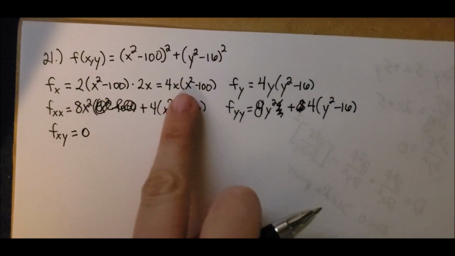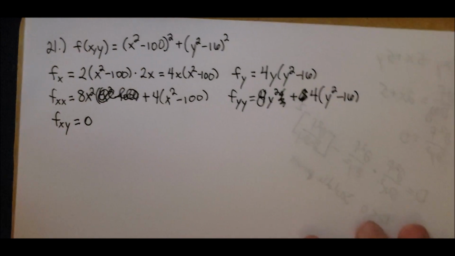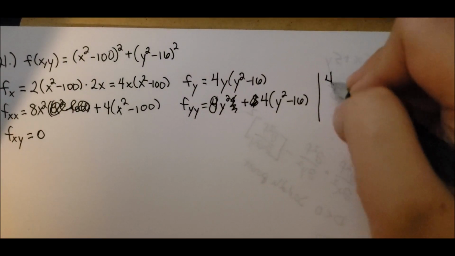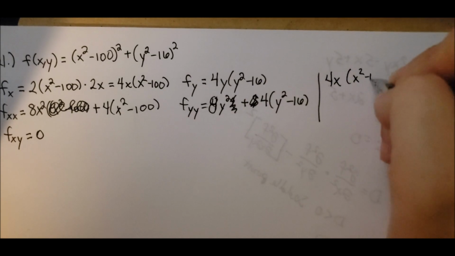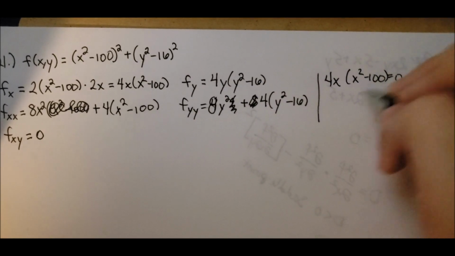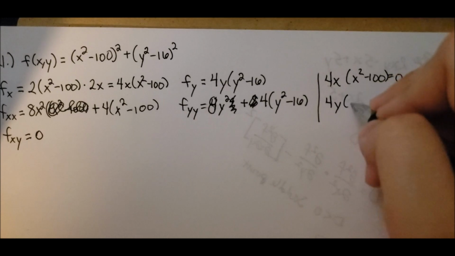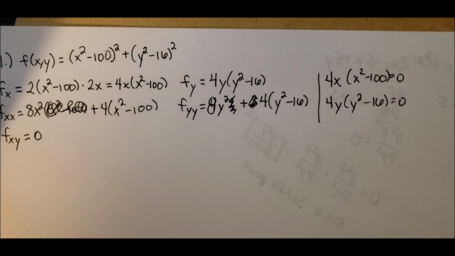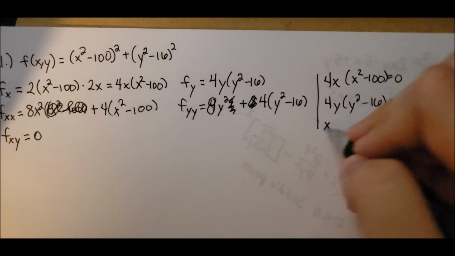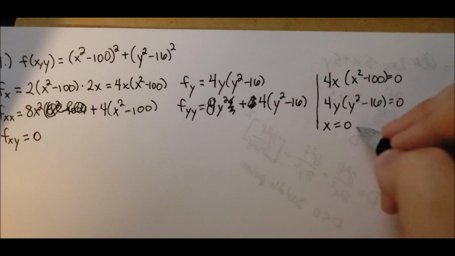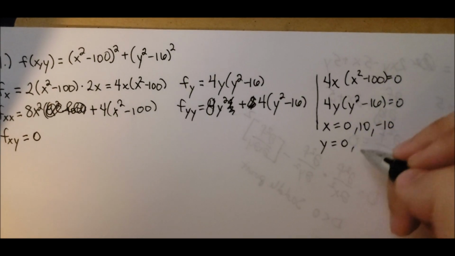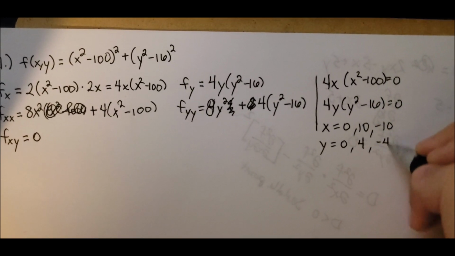So to find my critical values, I'm looking at where the first derivative is equal to 0. So I'm going to get x as 0, 10 and negative 10. Y is 0, 4, and negative 4.